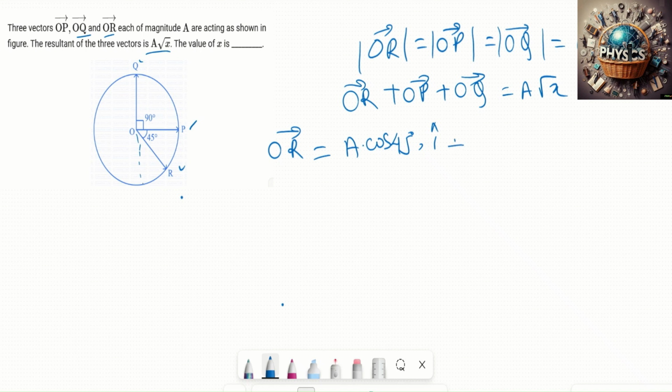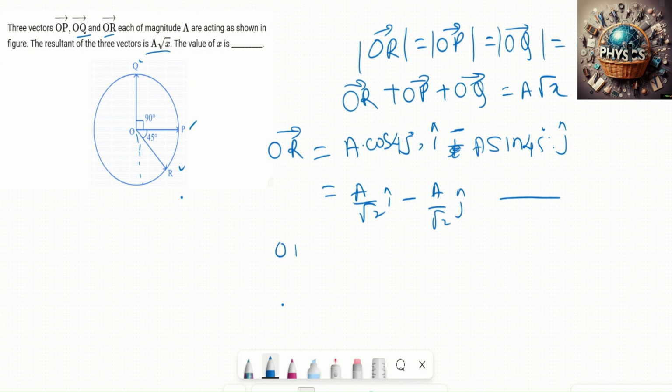So it will be A sine 45 degree into j cap, but this will be minus sign because it's downward. So nothing but we get A by root 2 i cap minus A by root 2 into j cap. Okay, this is our first thing.